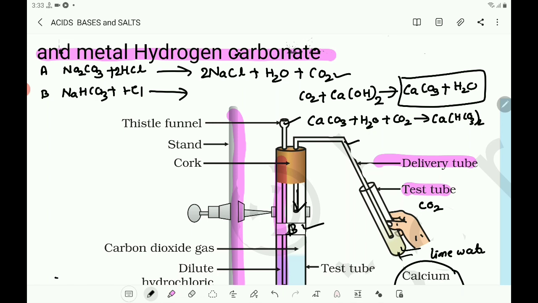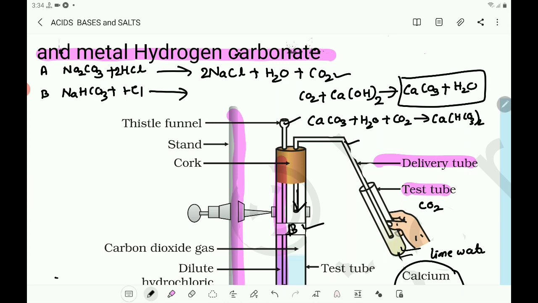Again brisk effervescence or gas is produced, bubbles are produced, and pass that gas through the lime water. Again we get CO2. That CO2 will turn lime water milky, and passing excess CO2, the milky lime water turns clear, because it becomes soluble calcium bicarbonate.